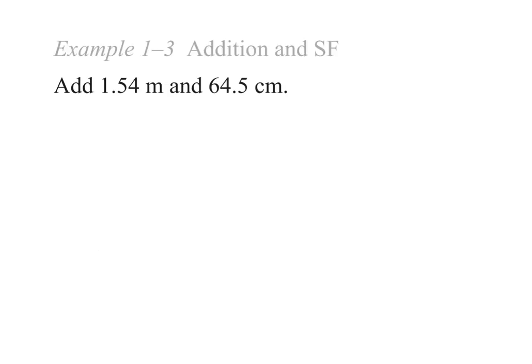So hopefully you notice this first problem here is that we have meters and centimeters. We cannot add this until they have the same units. So I am going to convert to make sure that I have the same unit. So we're going to take this 64.5 centimeters and we are going to convert it.